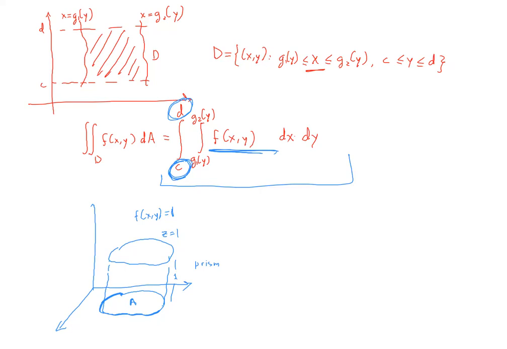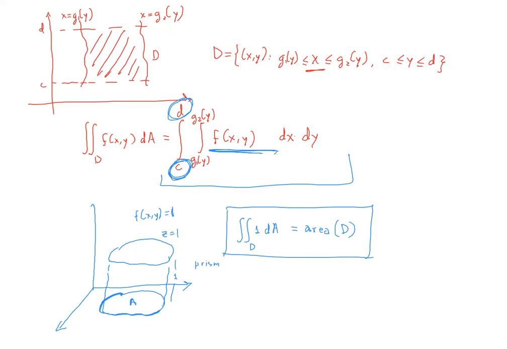So in other words, if you integrate the function 1, and sometimes you can even skip the number 1, just write dA, you're going to get the area of D. So this is another formula that, as opposed to the initial interpretation of the integral, which was 3D volume, tells you that if you specifically integrate the function 1, you can interpret what you find as the area of the domain.